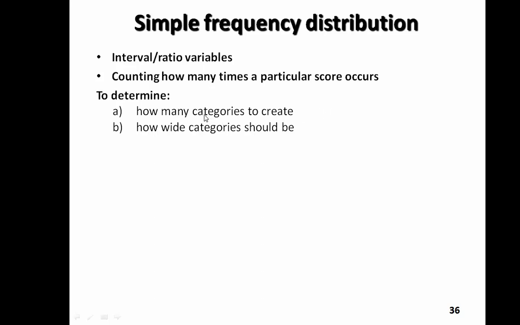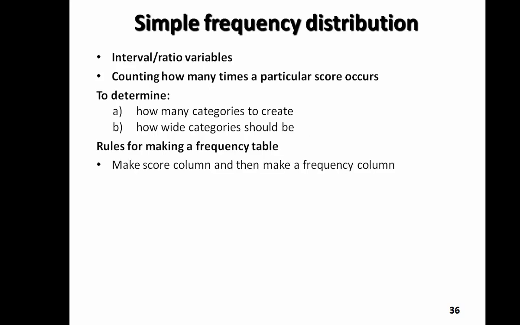The first is the number of categories to be created. The second is how wide each of the categories should be. Therefore, there have to be established rules for making a frequency table. That involves making a score column and, immediately to the right, a frequency column, or the tallies of how many times those particular scores occur.